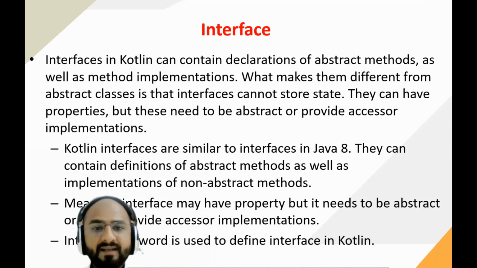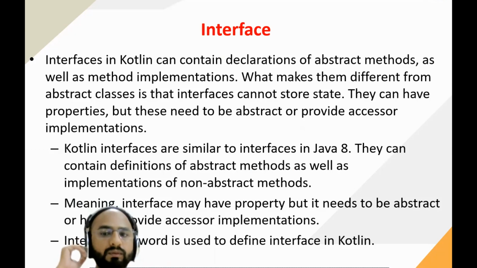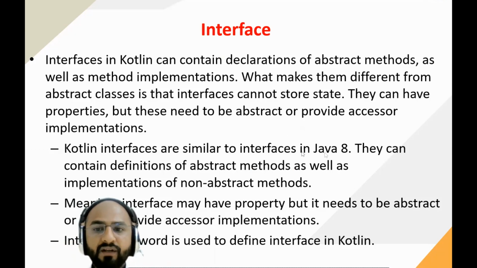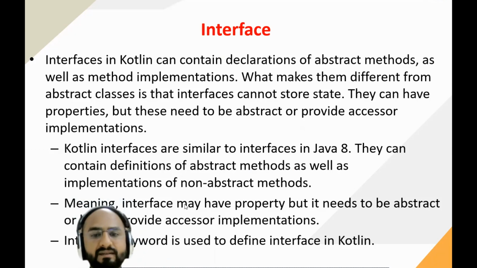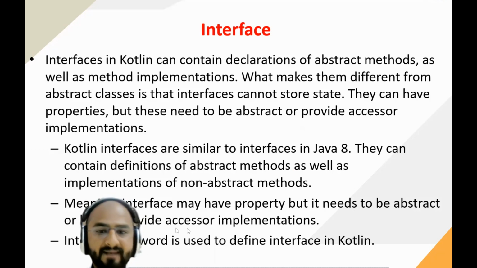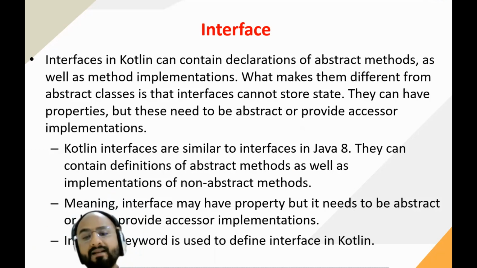So in the interface, all the properties need to be abstract, or you need to provide the accessor implementation. Kotlin interfaces are similar to interfaces in Java. They can contain definitions of abstract methods as well as implementations of non-abstract methods. Meaning the interface may have a property, but it needs to be abstract or has to provide an accessor implementation. It needs to provide the implementation in the child class.